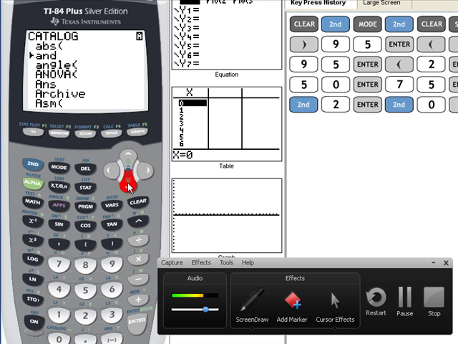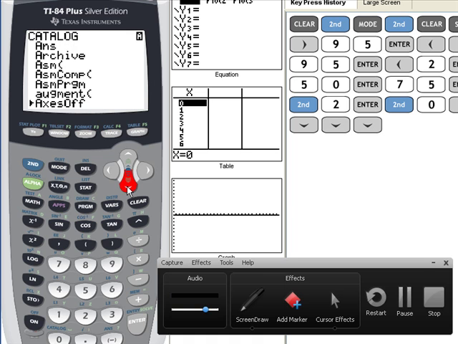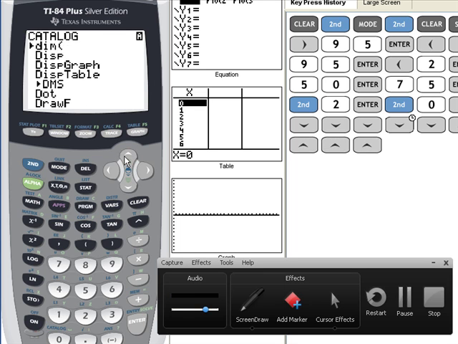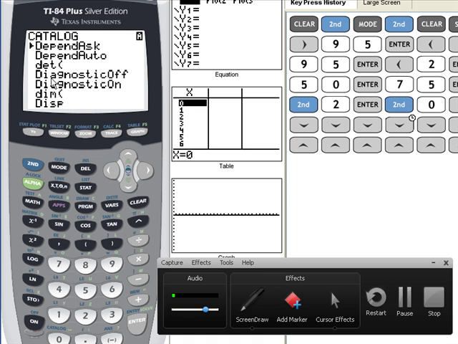Okay, I went too fast and got past it. Here we go. We want diagnostic on. So I want to press enter and enter again. It says it's done.